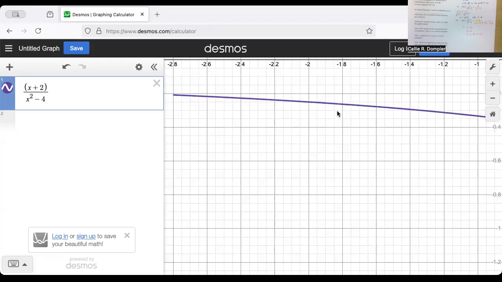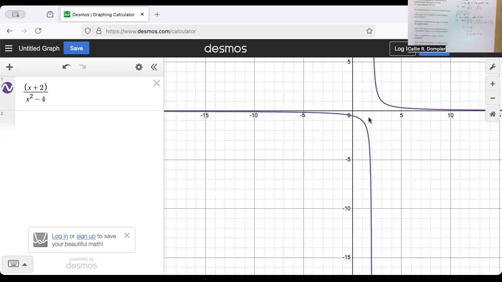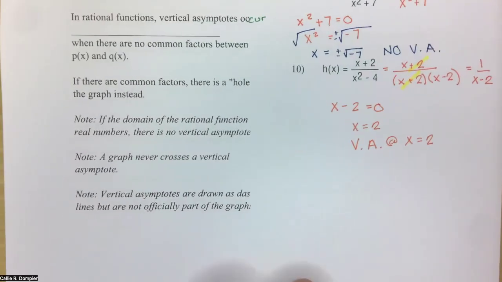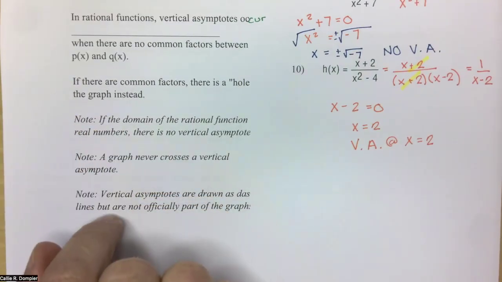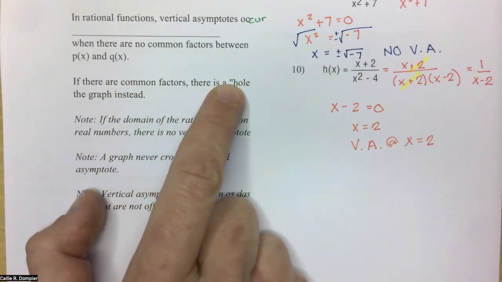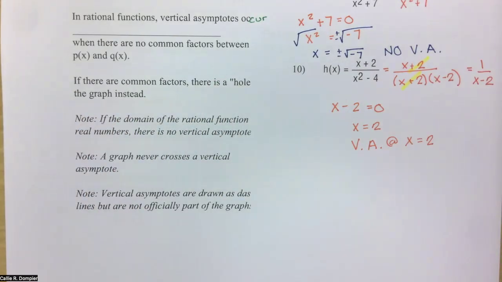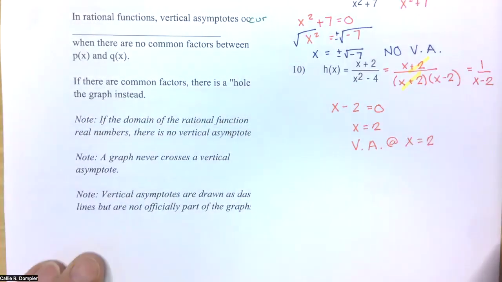It's undefined just like the asymptote is undefined, but it's just a hole because there were common factors between the numerator and the denominator. If there are common factors, x plus 2, x plus 2, there is a hole in the graph instead of a vertical asymptote. Good.